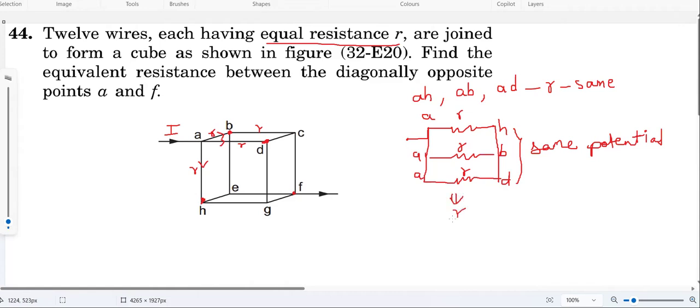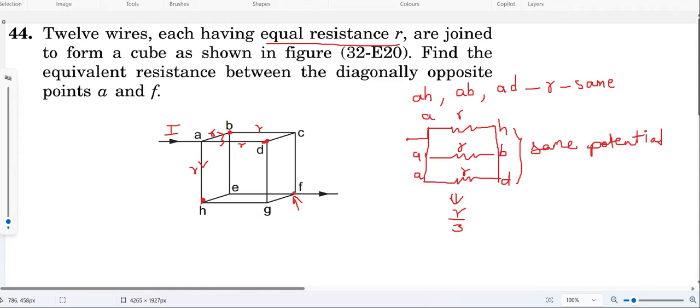It's actually R by 3. And what happens in the next step is a bit complex to understand. So I just want to jump onto the endpoint F from where the current comes out, right?